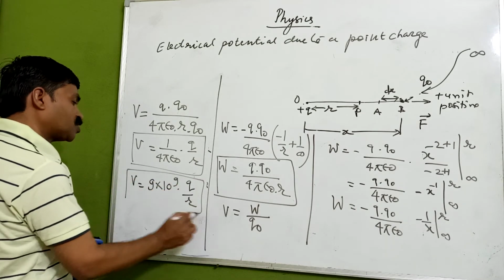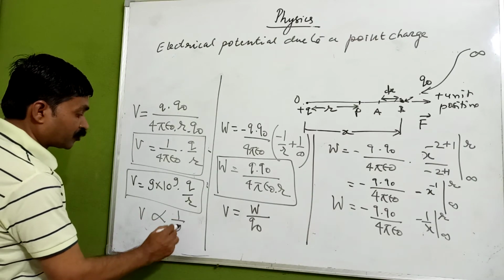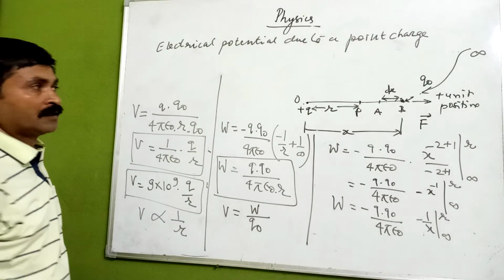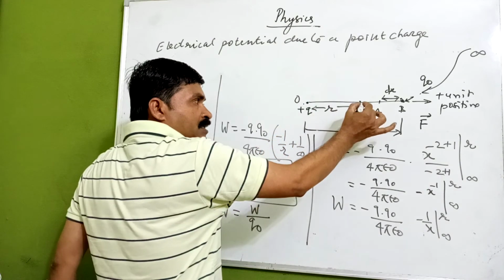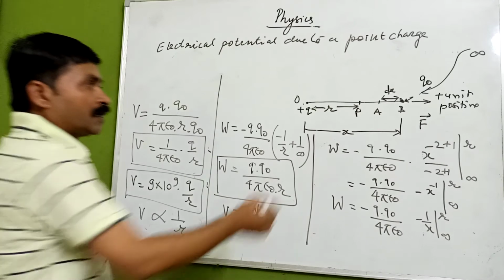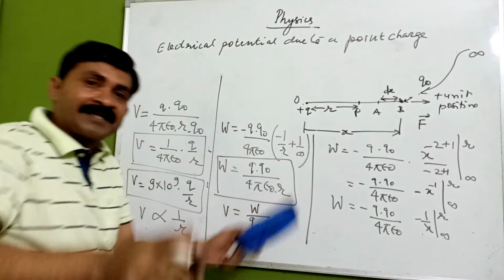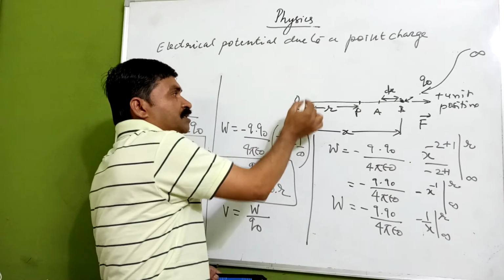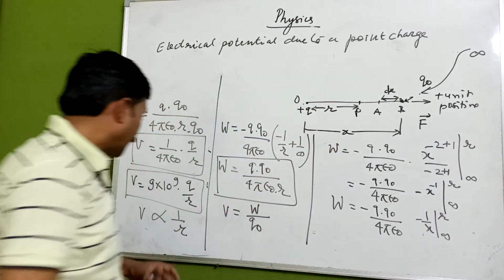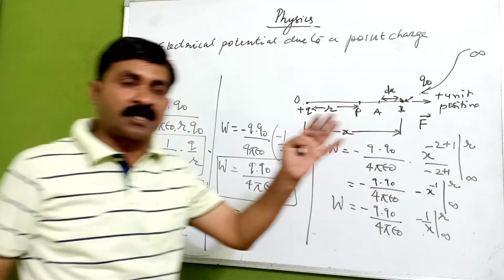Now this charge is constant, which means the electric potential is directly proportional to 1 upon r. As you are moving away from this, the electric potential is going to decrease. If you go in all directions of the positive charge, the electric potential is going to decrease as you are moving away from the charge.